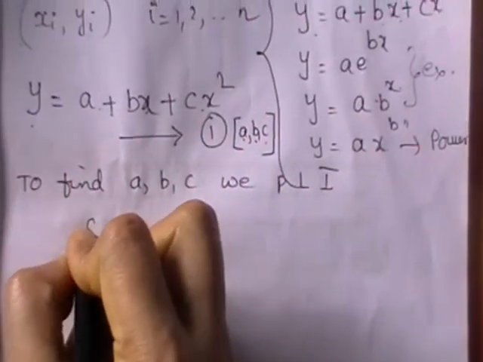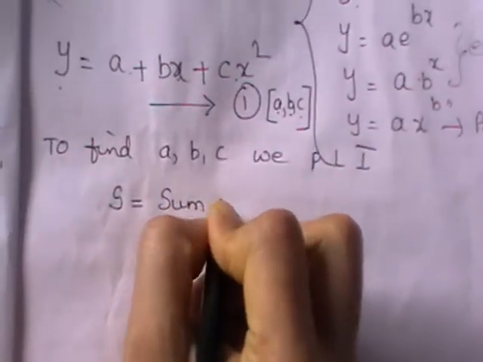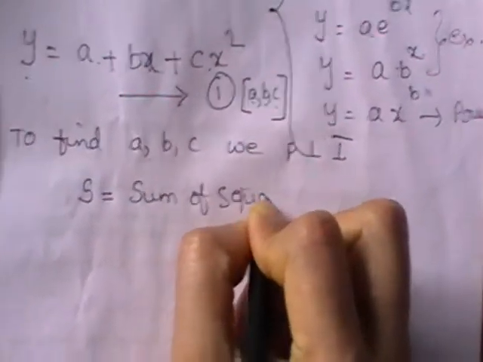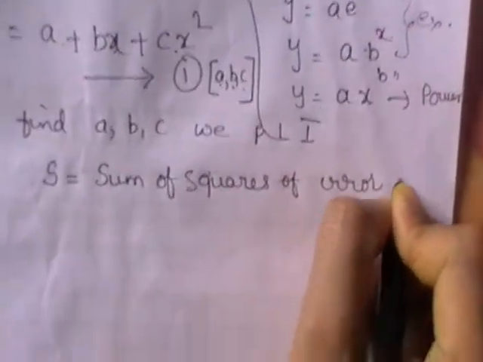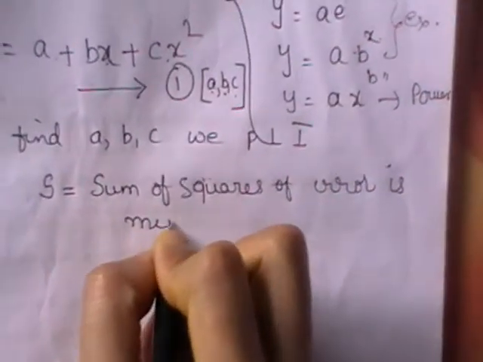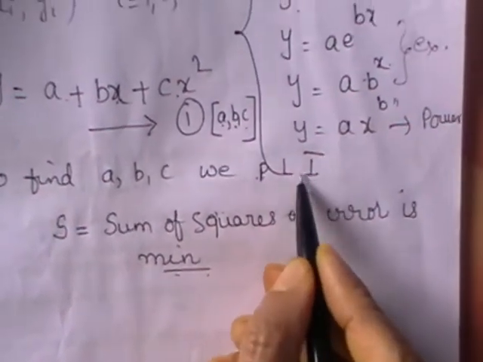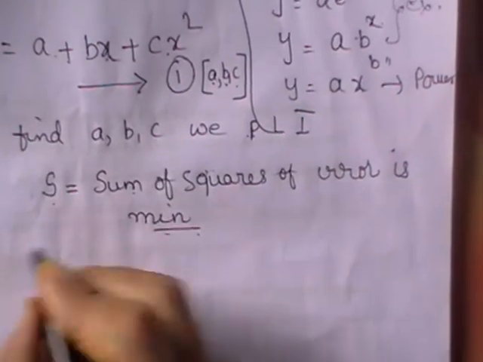What does the principle of least squares tell? That the sum of squares of errors is minimum. So to find those three unknown constants, you should make use of the principle of least squares, which tells that the sum of squares of errors is minimum.